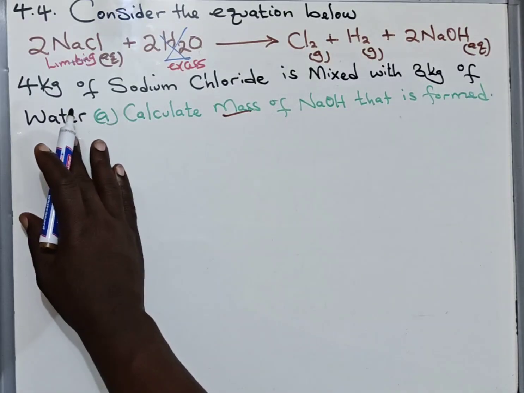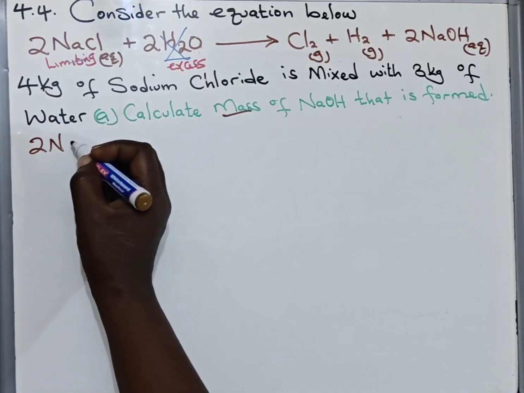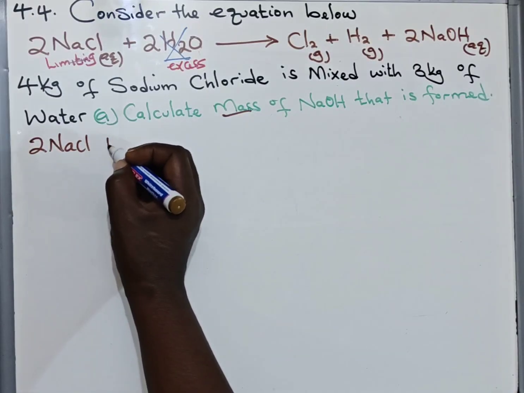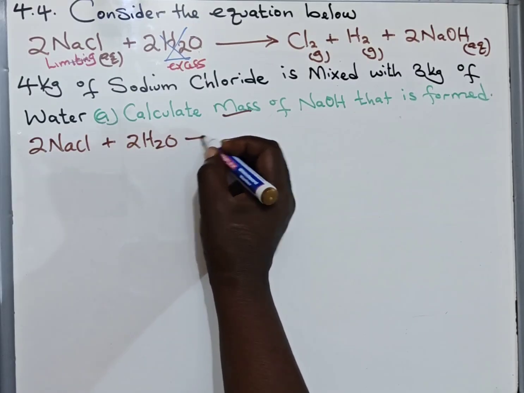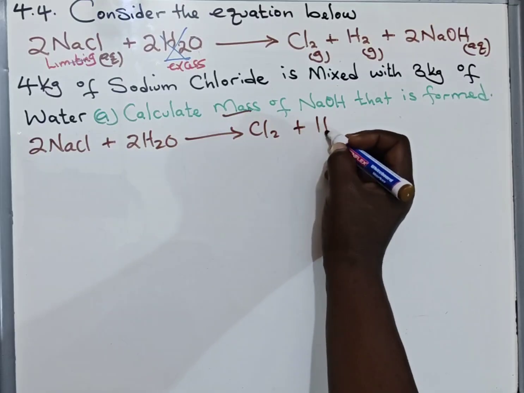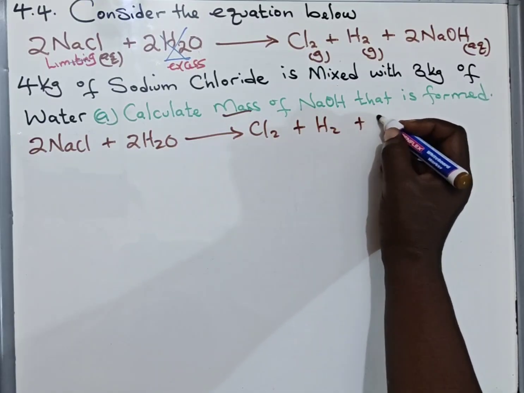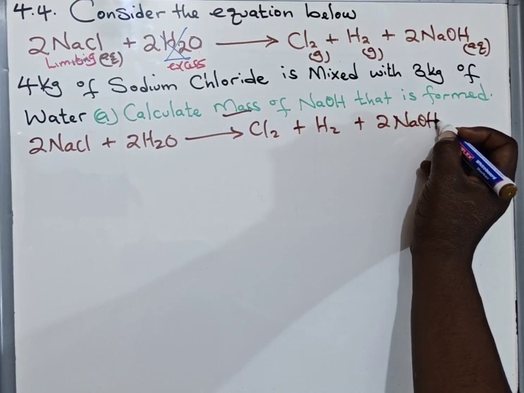Here I would urge you to rewrite the equation, which is going to be 2 sodium chloride plus 2 water, giving you chlorine plus hydrogen plus 2 sodium hydroxide.